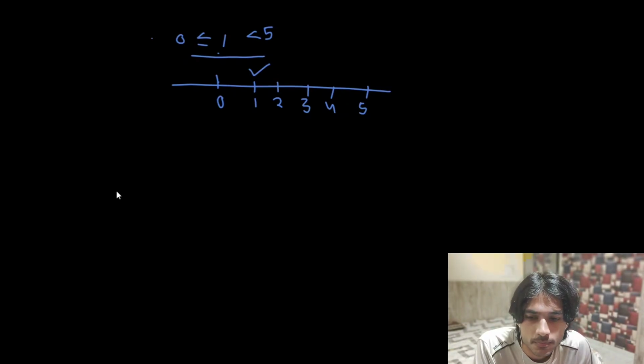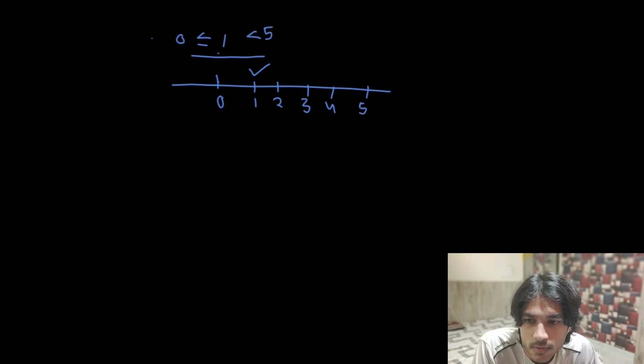So let me give you an example. Why can't the remainder be equal to the divisor? Okay, let me just give you an intuition first.